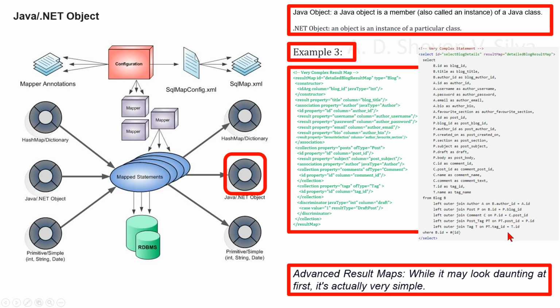The following is a complete example of a complex result map.